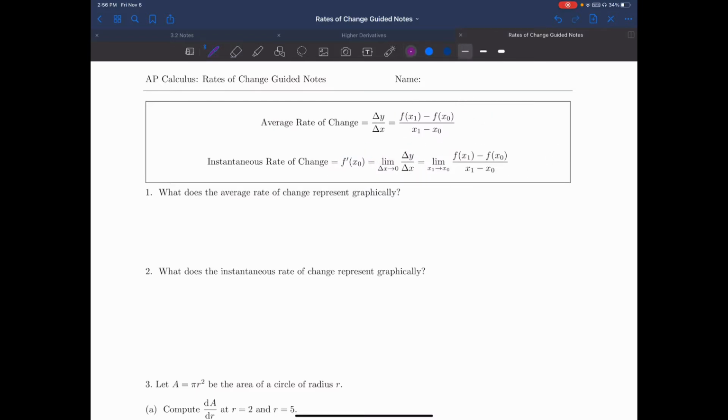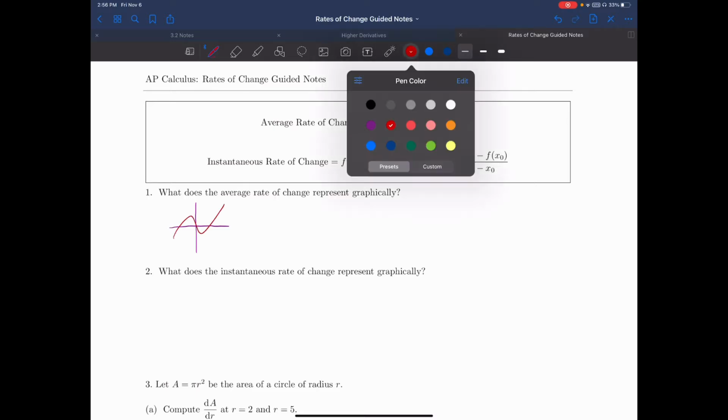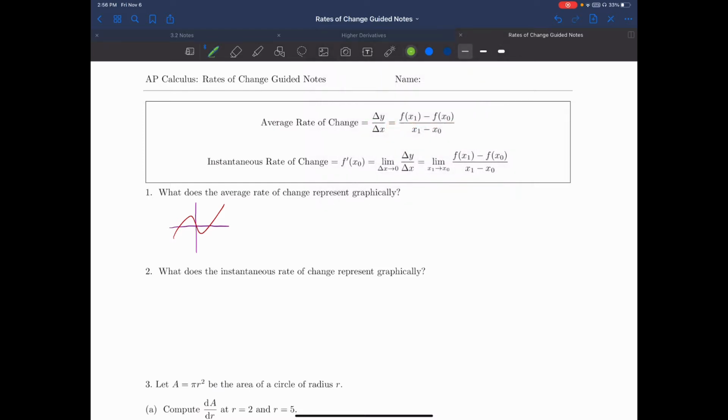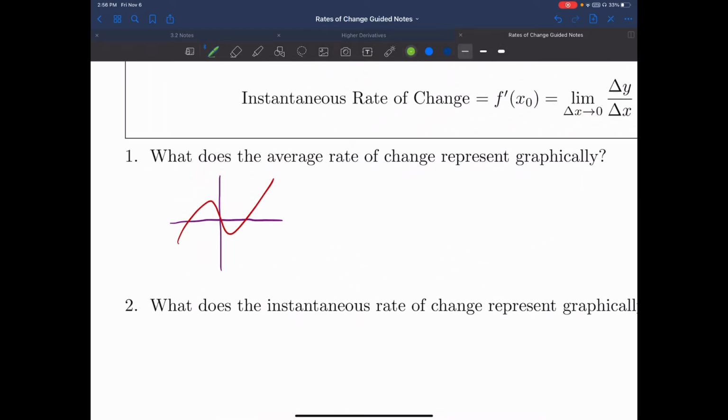Okay, so what does the average rate of change represent graphically? Well, here's a little sketch of this. If we have a function like that, let's say that we have a point here and a point here, and we draw a line between them.